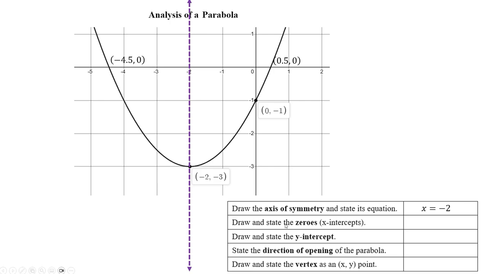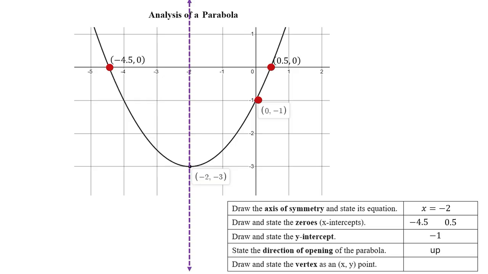We're asked to draw and state the zeros, or the x-intercepts: negative 4.5 and positive 0.5. Our y-intercept, where the graph crosses the y-axis, is at negative 1.